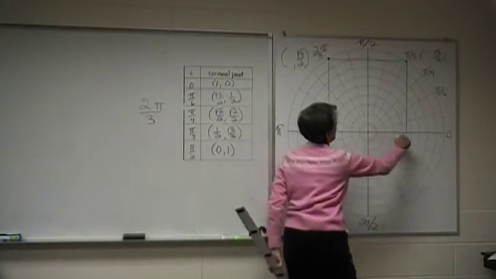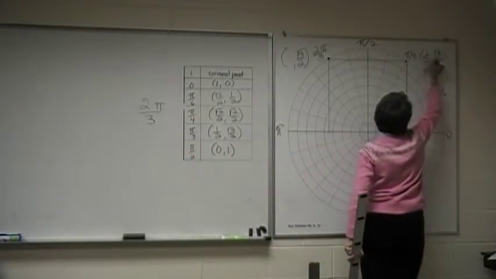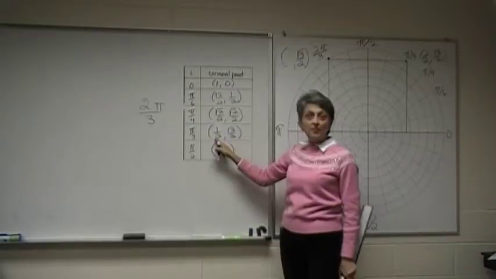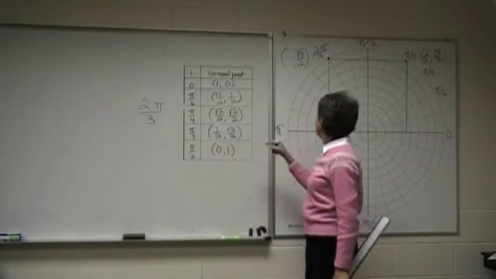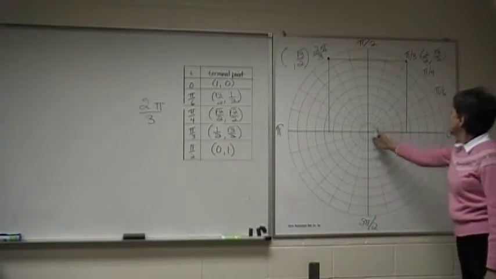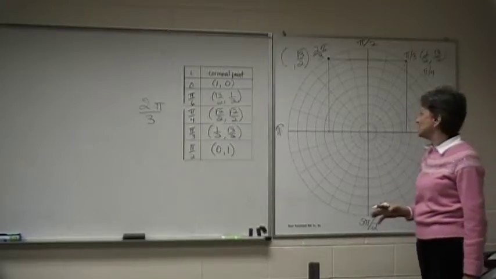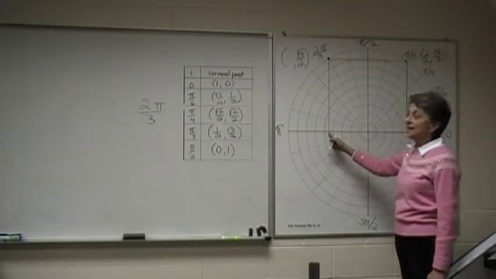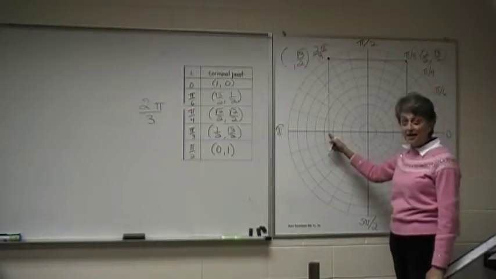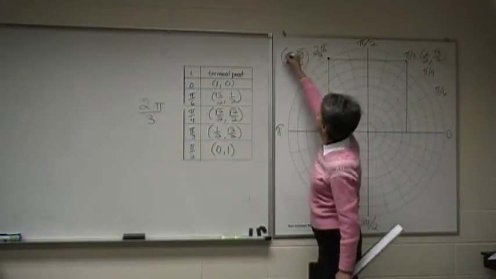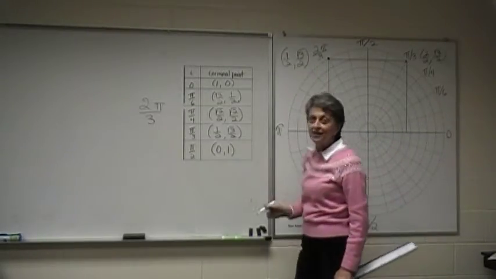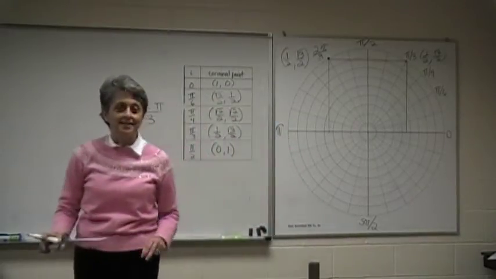Our x-coordinate on this is 1/2. We know that from the value you're going to have to memorize. But it also makes sense. It looks halfway between the two. Now this x-coordinate isn't 1/2. It's negative 1/2 because it's on the negative part of the x-axis.